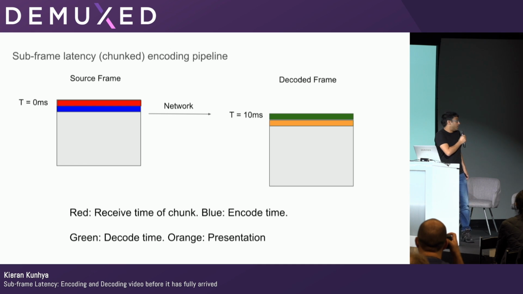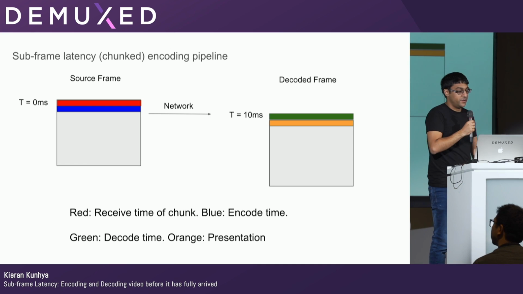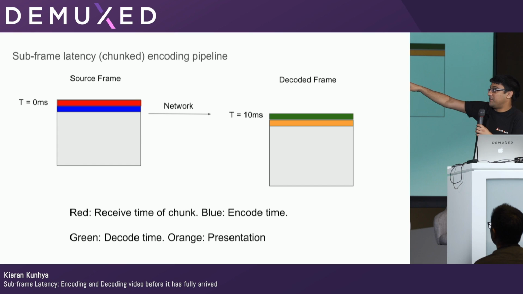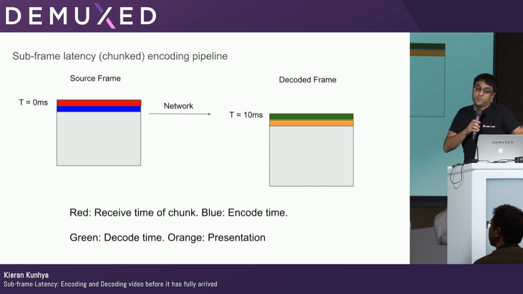So this is the kind of pipeline that we use. I've tried in Google Present to make it possible, but what I do is I wait for a chunk to arrive. That's approximately 16 to 32 lines of data. So that's in the red. I encode it quickly and send it over the network.